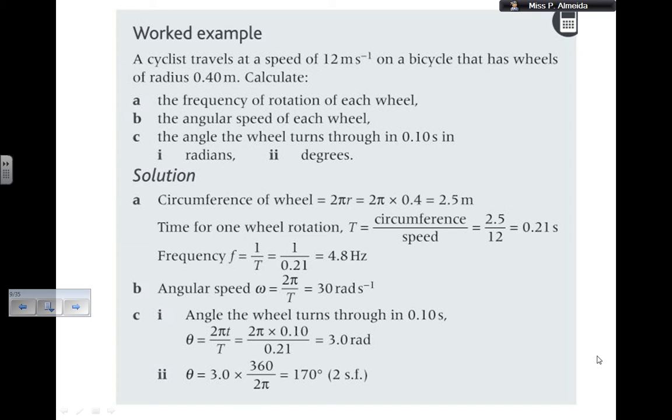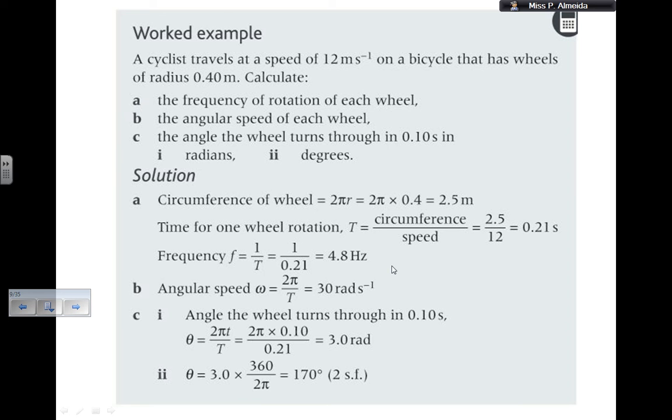Therefore, the frequency is 1 over the time of one rotation, so 1 over 0.21, that gives you 4.8 hertz, or second minus 1. Always follow these tiny steps when you're doing this in an exam, because if by any reason you get a number wrong, if you typed it in wrong in the calculator, you have the steps, so you have the thinking and you get credits for the thinking, okay?